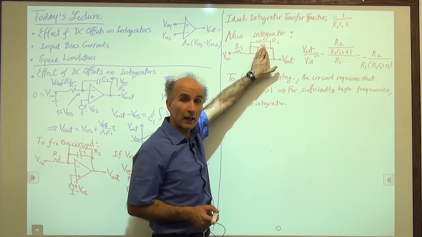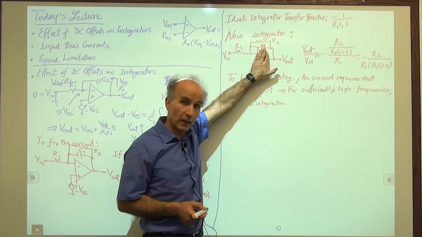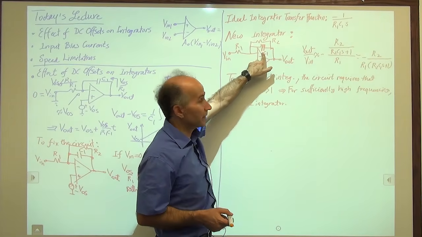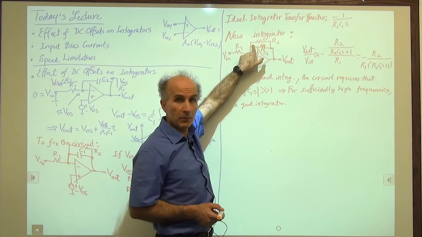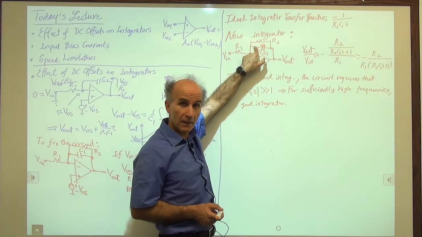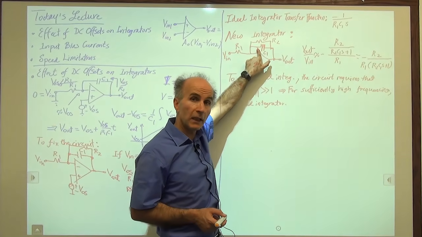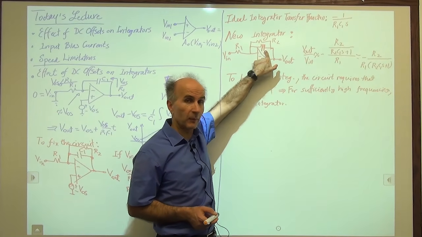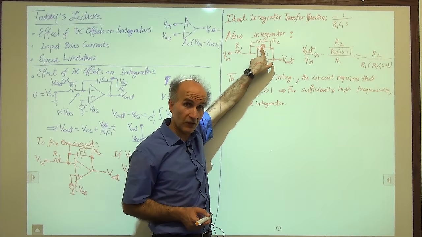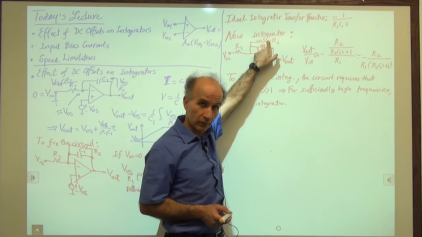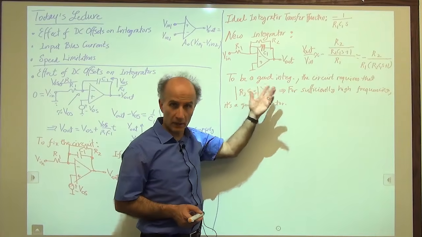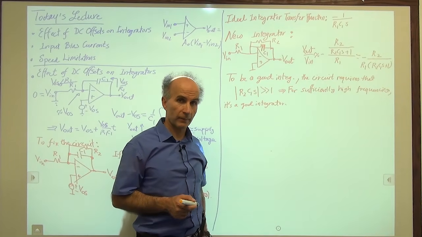We don't have an integrator anymore. And that's why the frequency has to be high enough so that this capacitor dominates this impedance, meaning that this impedance is approximately equal to the impedance of the capacitor. And that means that the impedance of the capacitor must be much less than R2. And if that's the case, this is the condition, and then we have a good integrator.